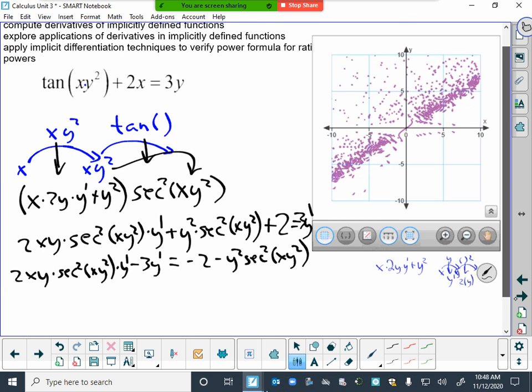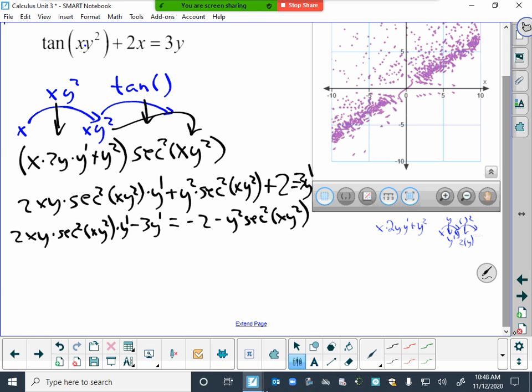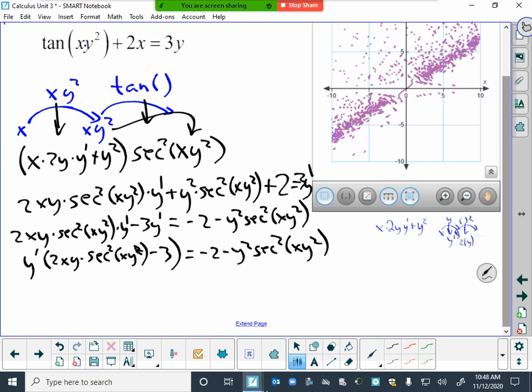And then I factor out the y prime. So this gives me y prime times (2xy times the secant squared of xy squared minus 3) is equal to -2 minus y squared times the secant squared of xy squared.